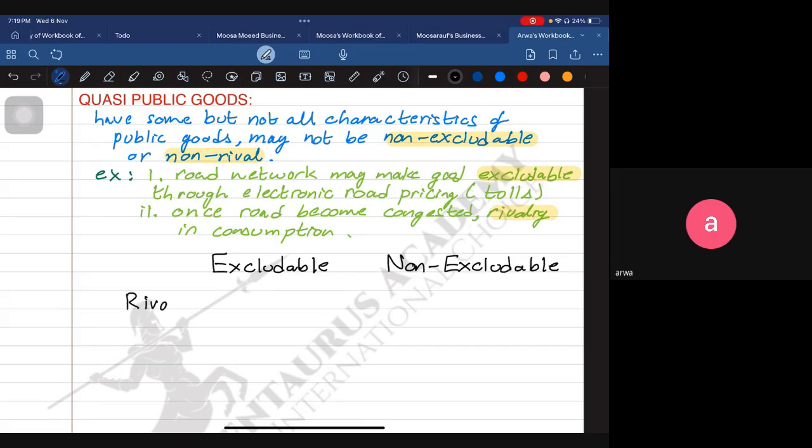And rival and non-rival. So, you have some options here, which I'm going to put in a box form.